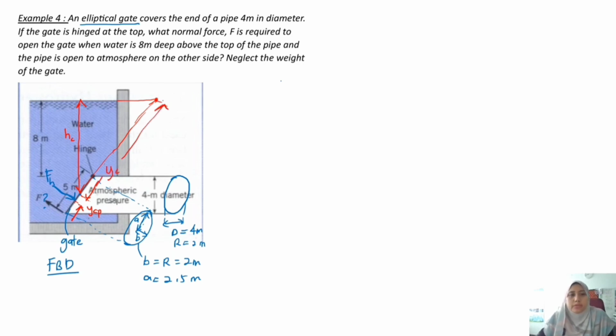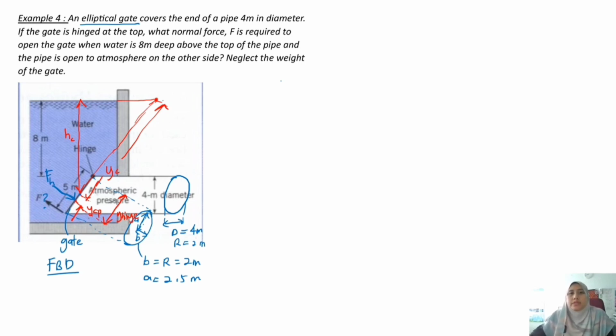Another thing that you want to know is Y hinge. I call it Y hinge because I want to know the distance from the line of action of the force to the hinge. You can call it anything you want. These are the things that you need to find later.